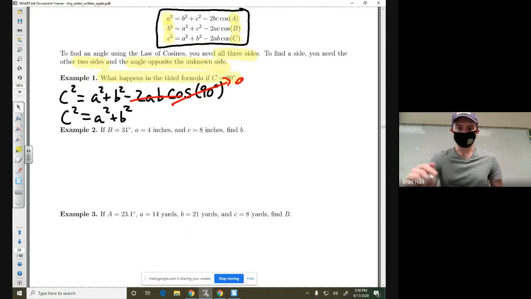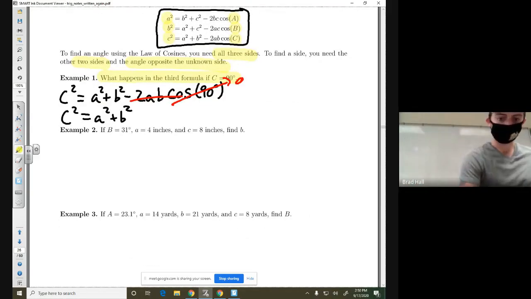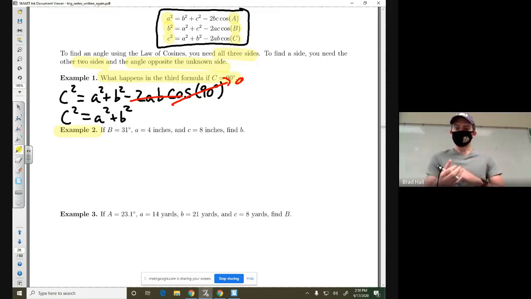So we'll start with example 2 to really see how to apply this. B is 31 degrees, a is 4 inches, and c is 8 inches. Find lowercase b. Now, luckily, there's no stipulations with the law of cosines.